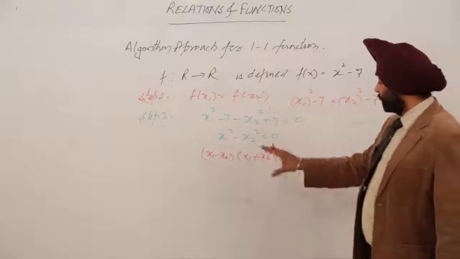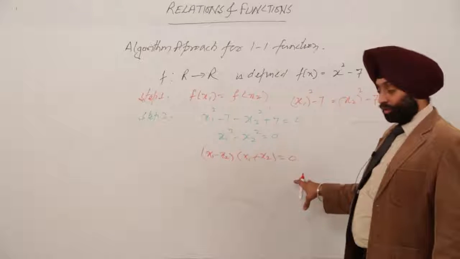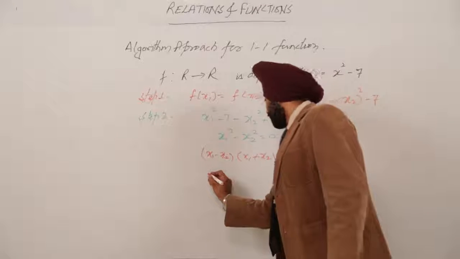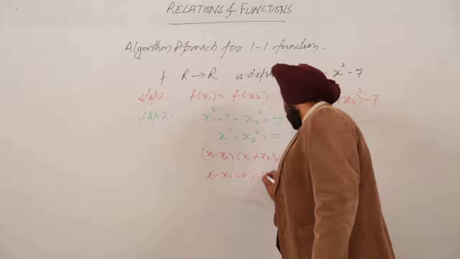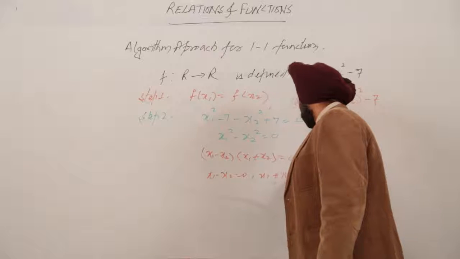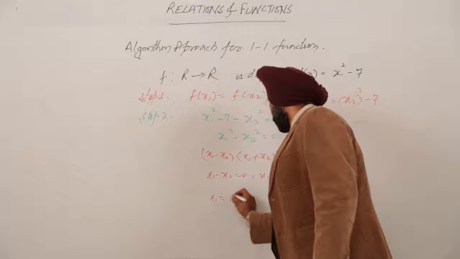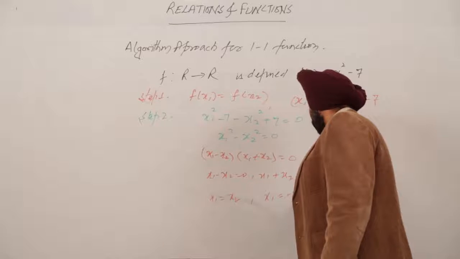Now either this part is 0, or this part is 0, or both are 0. So we write x1 minus x2 is equal to 0 and x1 plus x2 is equal to 0. Here we have x1 is equal to x2 and here x1 is equal to minus x2.